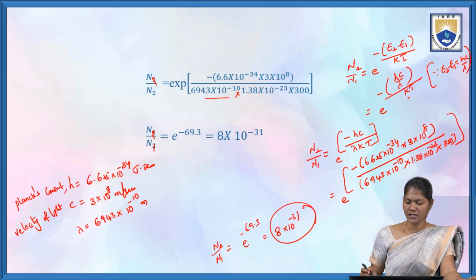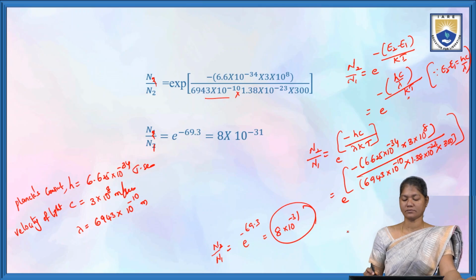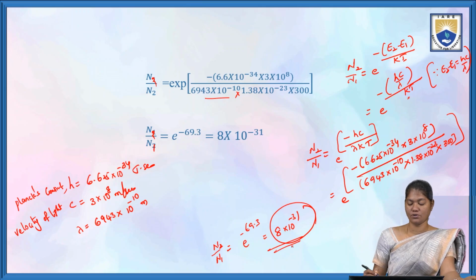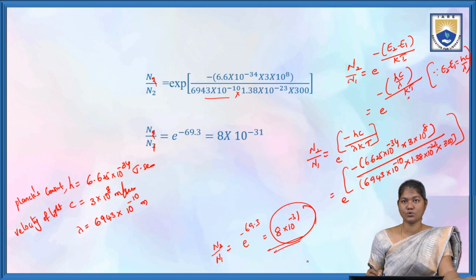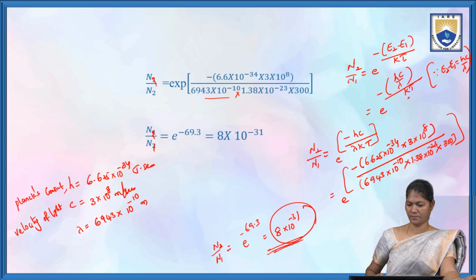This is the relative population of the two states in the ruby laser.